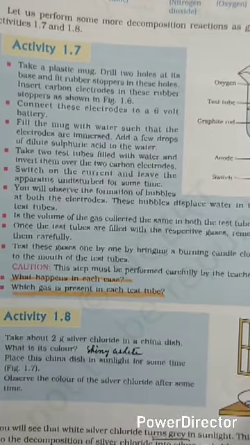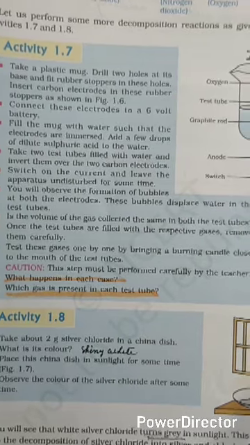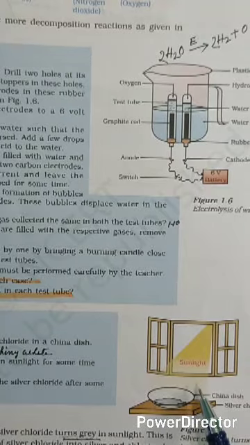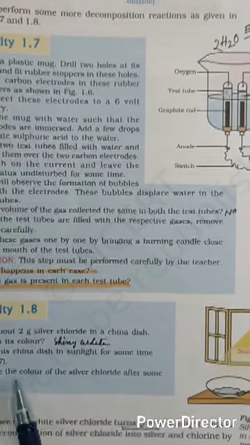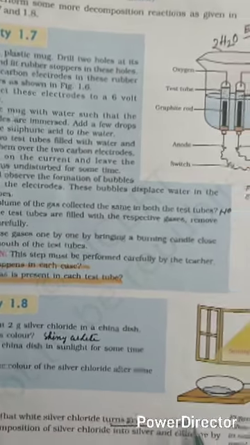And we have to place this china dish under sunlight. Under sunlight we have to place it. After some time, what will you observe? Observe the color of the silver chloride after some time.